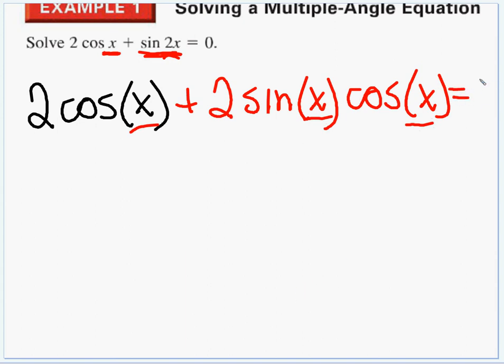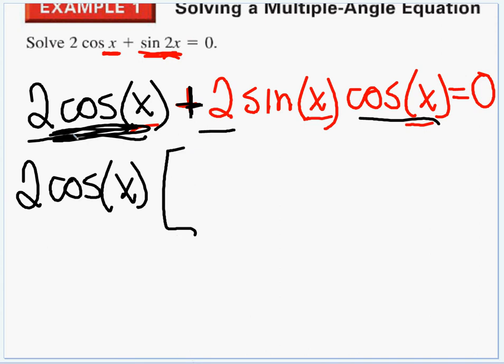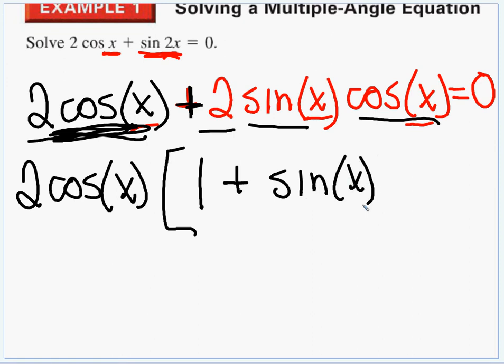And this is equal to 0. Now notice on each side of the plus sign we have a 2 cos x and a 2 cos x. So let's factor out that 2 cos x. And what's that going to leave us in the grouping symbols? Well, this was factored out entirely, so that's a 1 plus, and all we have left there is a sine x. And that is equal to 0.